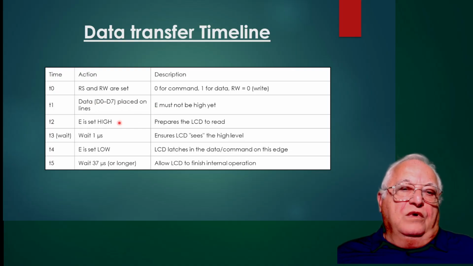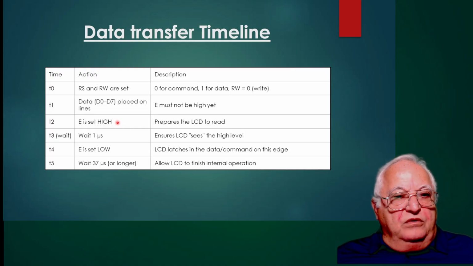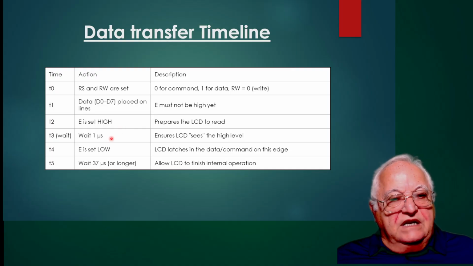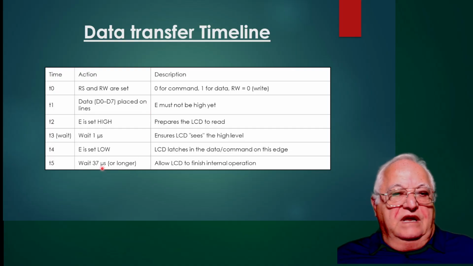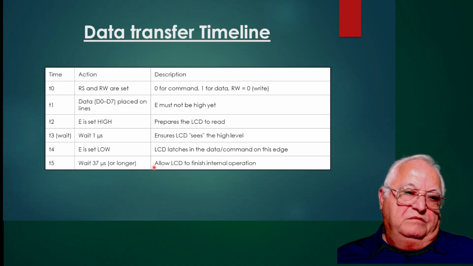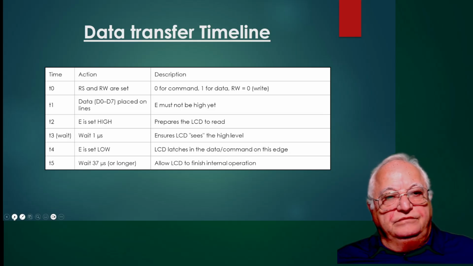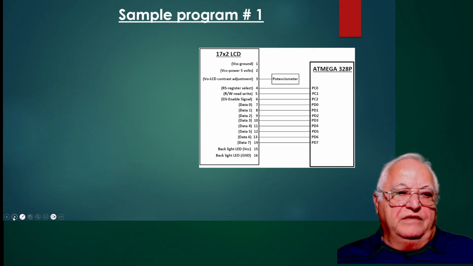Then we set the enable to high, wait 1 millisecond, and then set the enable to low. When we do that, the data on D0 to D7 will be transferred. Then we wait 37 milliseconds. So, the data or command, put the data where it belongs, and then the enable goes from high to low, and we're done. The message goes through. Okay, so let's go to our first example program.